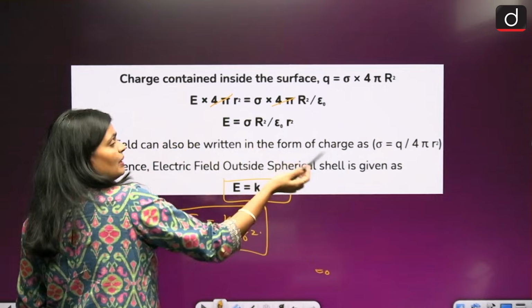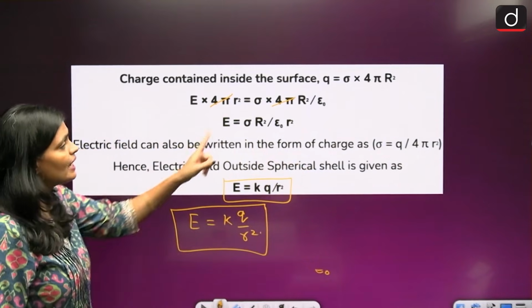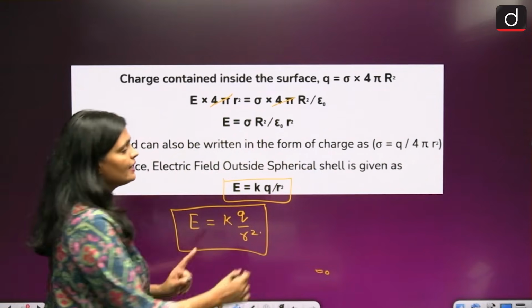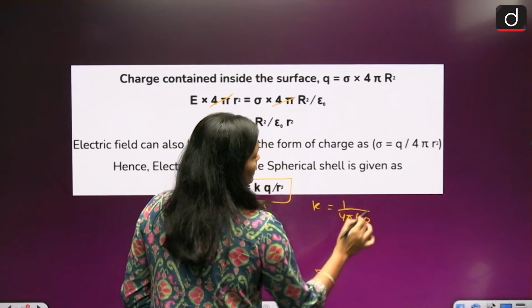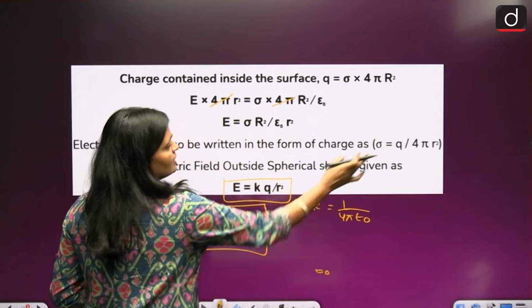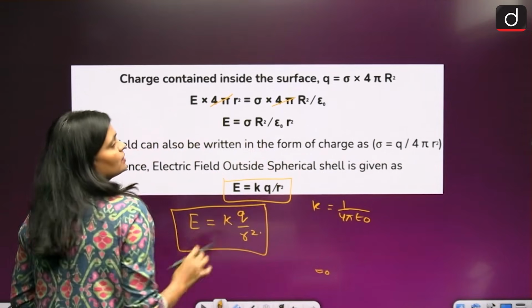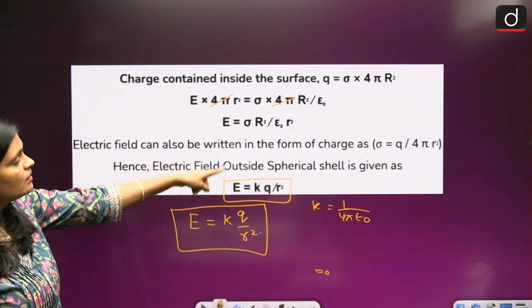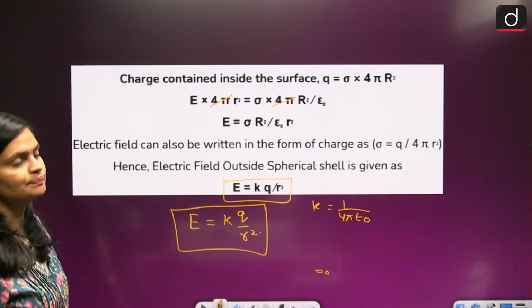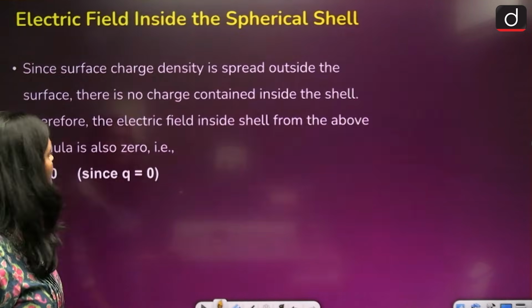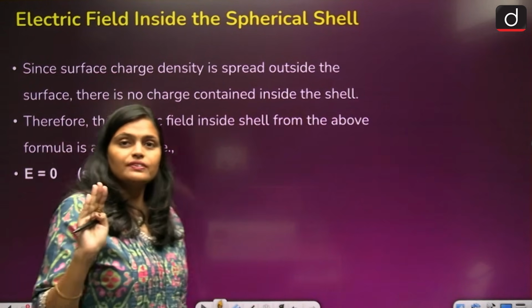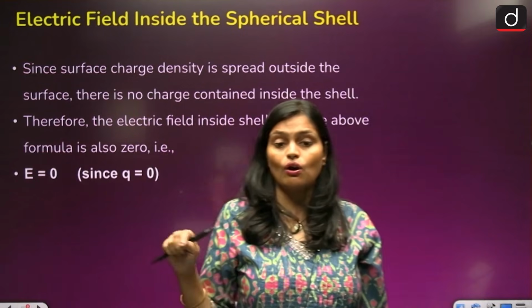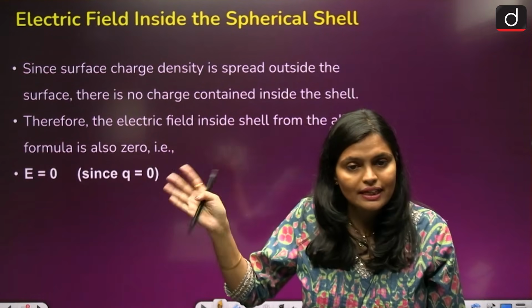In place of 1 by 4 pi epsilon naught, write K. So E equals KQ by r square. This is the electric field due to a spherical shell outside the surface.